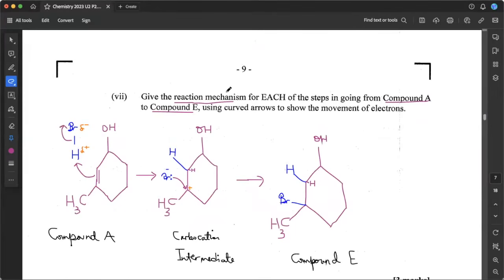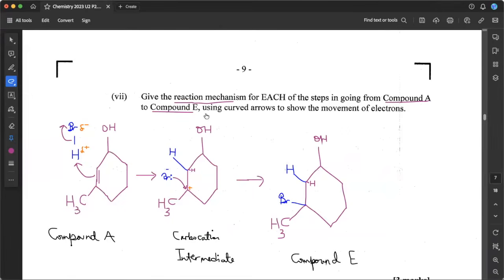Part 7 says give the reaction mechanism for each of the steps in going from compound A to compound E using curved arrows to show the movement of electrons. Now, remember, it is the electrons that are moving. So we're always going to want to draw our arrows, whether they're curved, half arrows or full arrows, coming from our electrons.